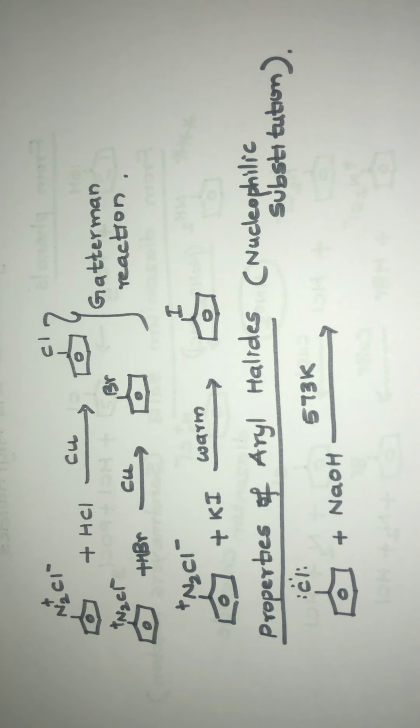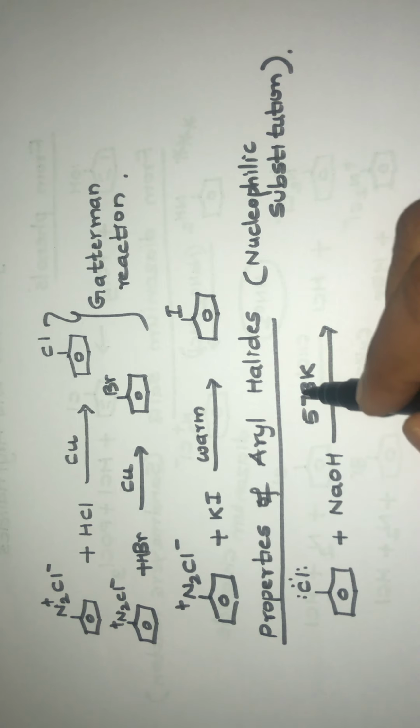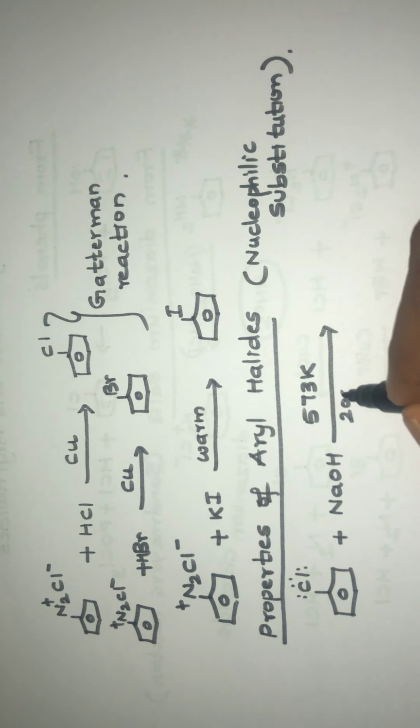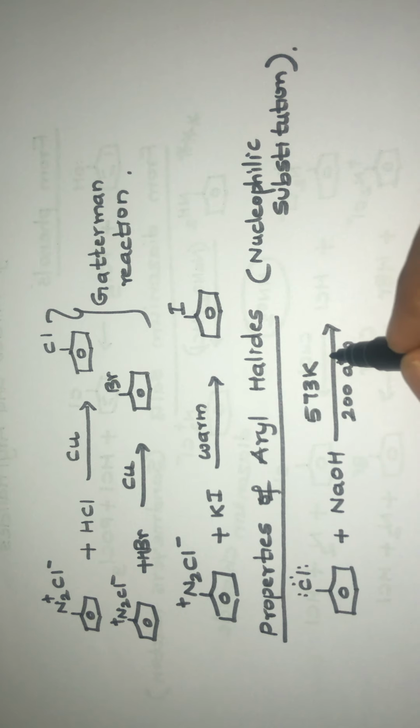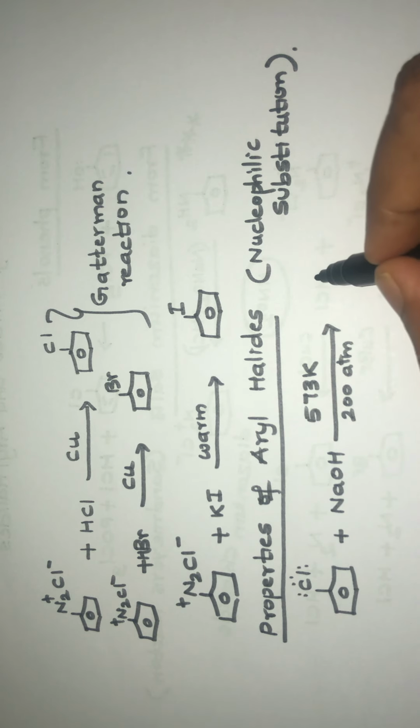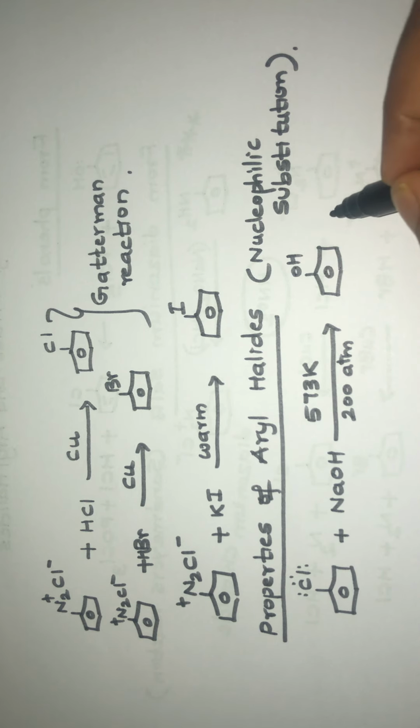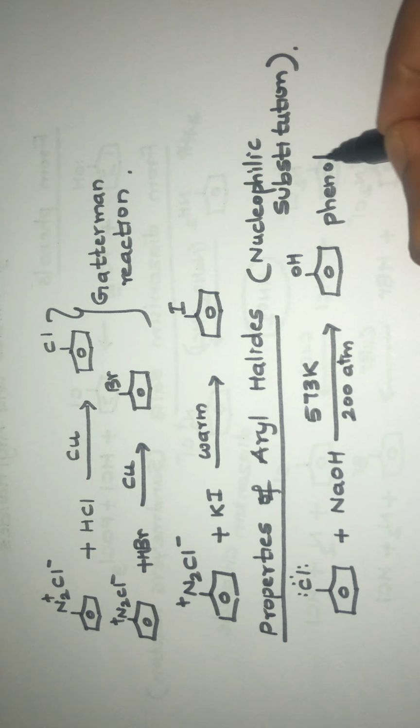Look at the temperature, students. 573 Kelvin, that means around 300 degrees Celsius, and the pressure required is around 200 atmospheric pressure. So you get phenol.